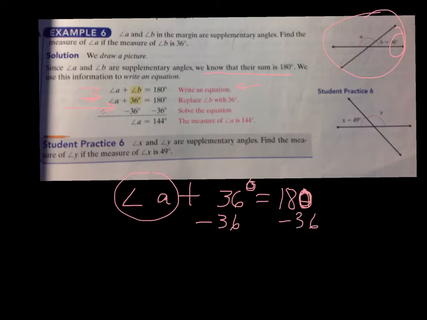Right? Because adding a negative is the same as subtracting a positive. Okay. So now angle A is all by itself. And then you do the math. You do 180 minus 36. And we get an answer of 144 degrees.